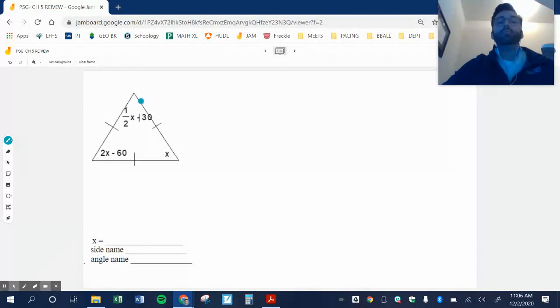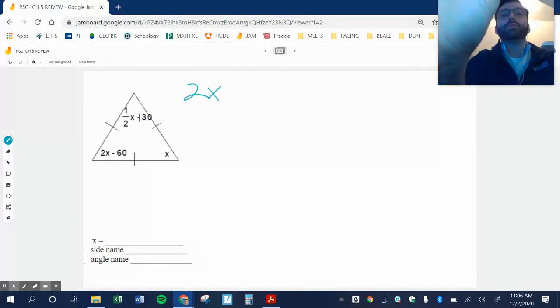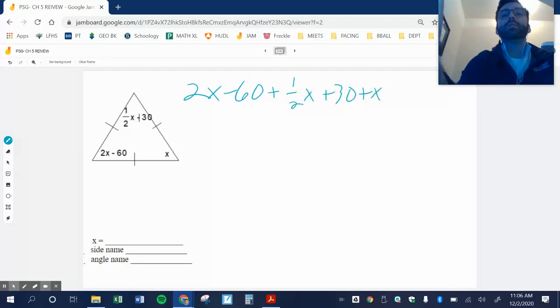If we look here, again, we need to find x. The sum of the angles is 180. So I'm going to go 2x minus 60 plus 1/2 x plus 30 plus x equals 180.